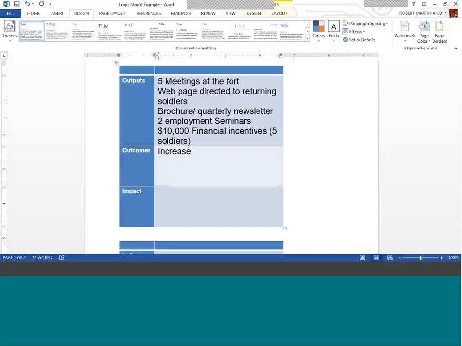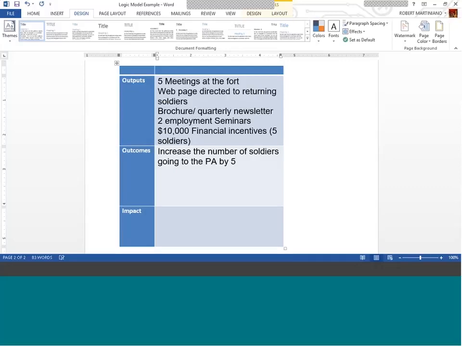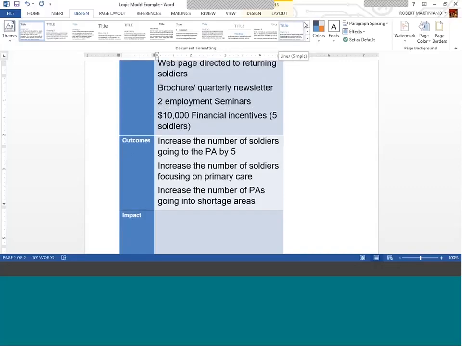And the objective really was to increase the number of soldiers going into the PA program by 5. So let's look at some of the outcomes we have.